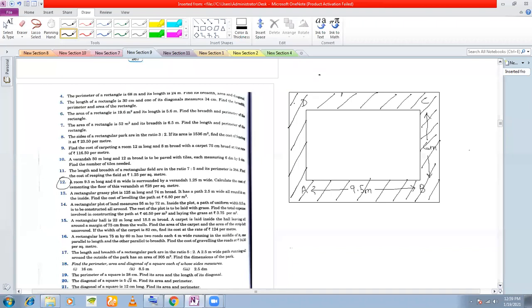What do you mean by width of this veranda? Width of this veranda means this width. This width is 1.25 meters. This is the width of this veranda, 1.25 meters. Is this question now clear?